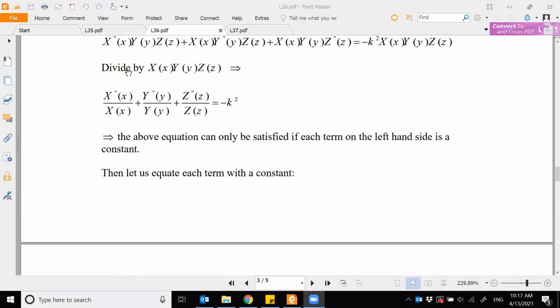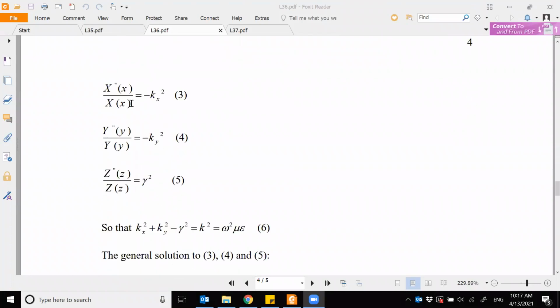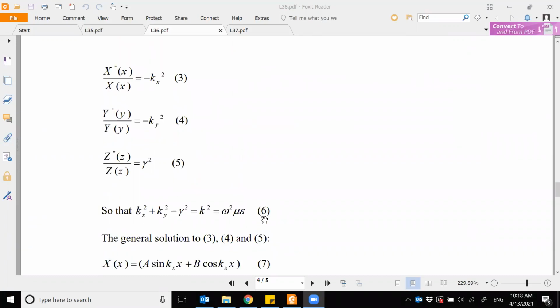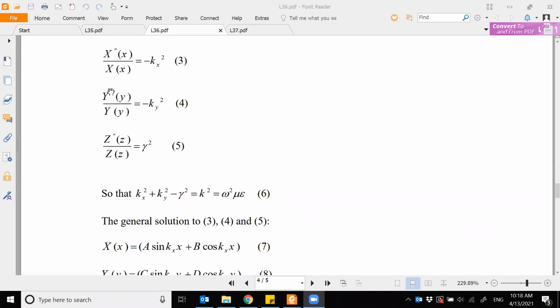So this equation is now divided into 3 parts: equation 3, equation 4, equation 5, with a condition, equation 6. And now it becomes easier for us to get the solutions of these equations.